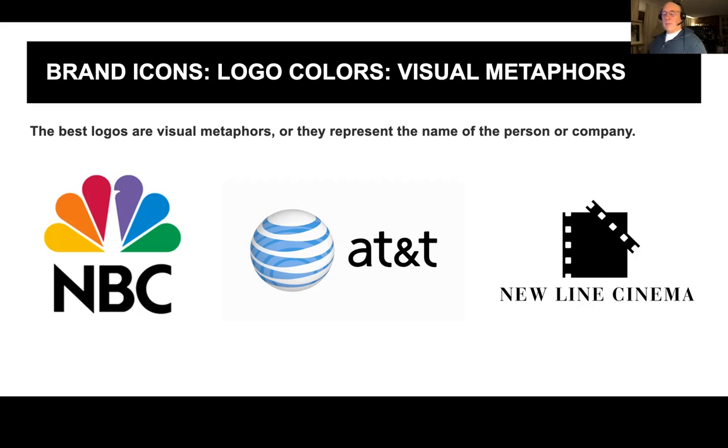AT&T, what's that a picture of? Yeah, the world, the globe, it's energy, it's information zooming around the globe. How about New Line Cinema? What's that a picture of? It's a film strip, but what are they telling you about the company?